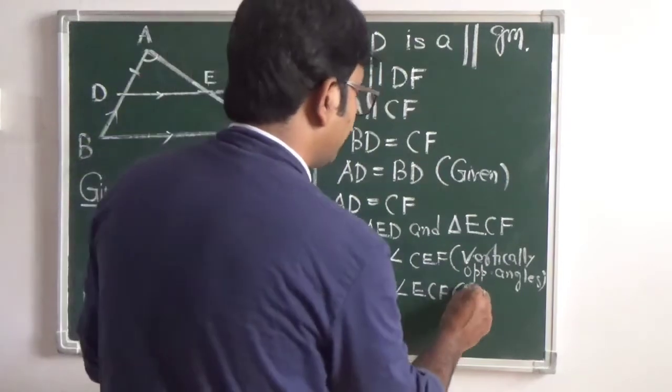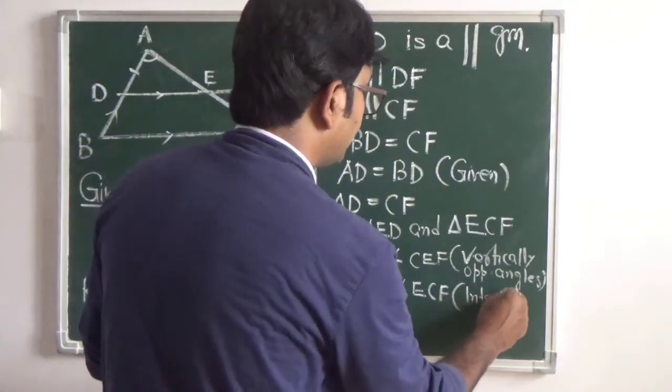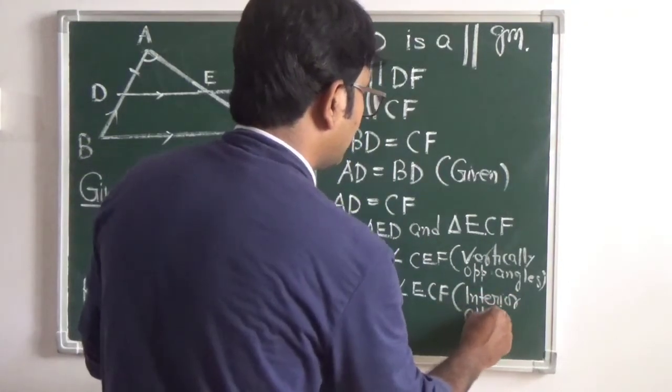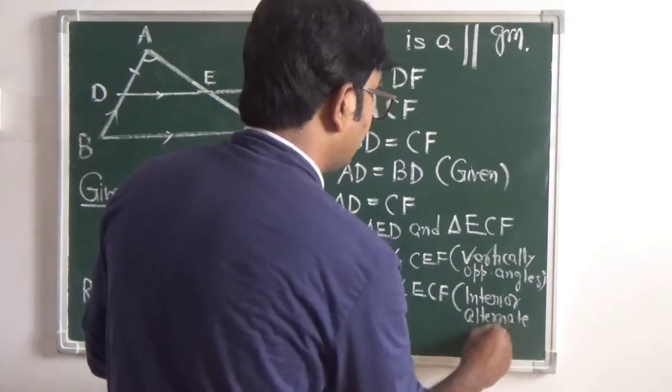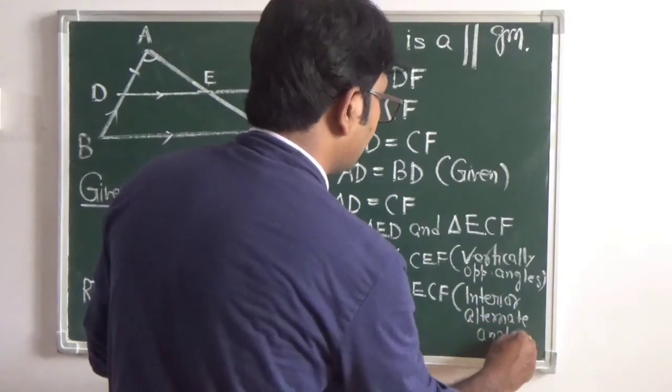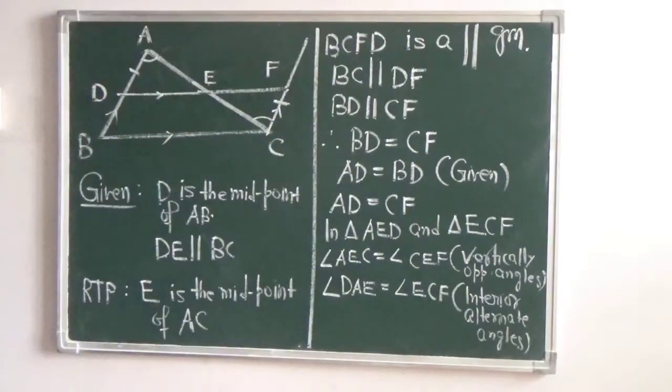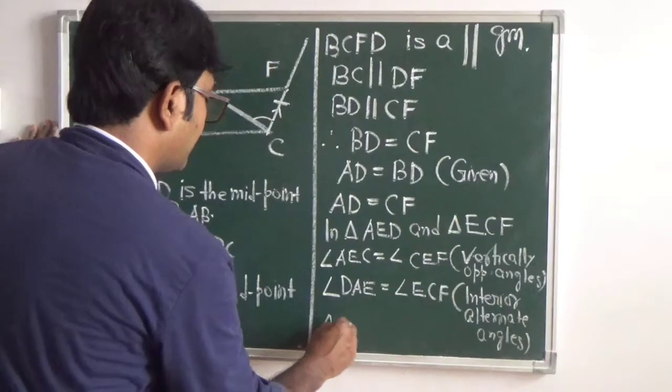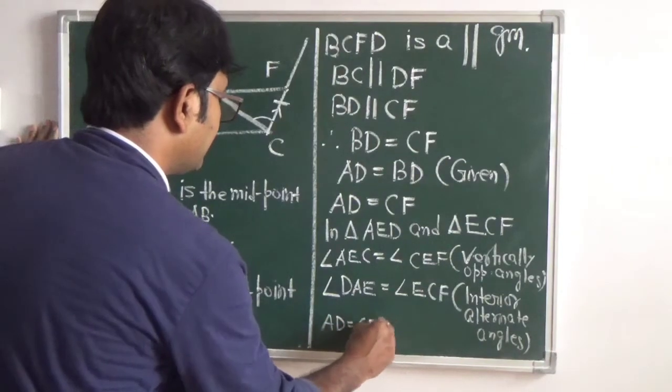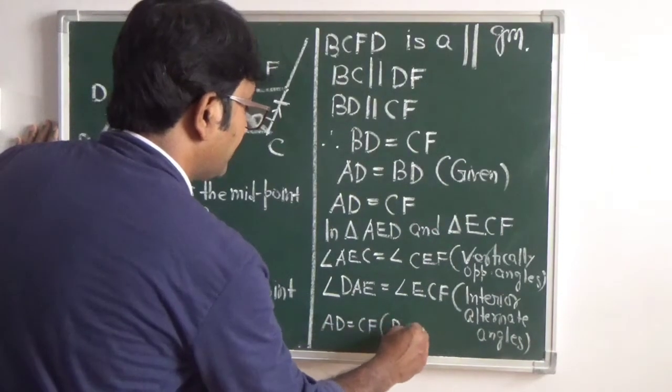Why? Because they are interior alternate angles. And what else do we have? AD equals CF, proved above.